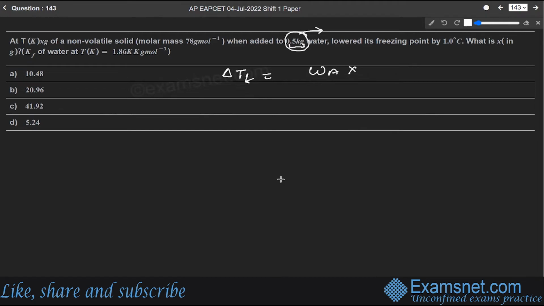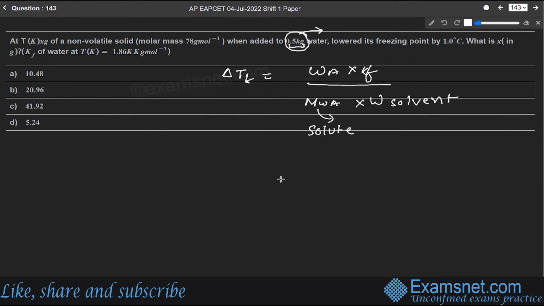So Wa into Kf, but when it's given in grams, you need to multiply by 1000. So molecular mass of solute into weight of solvent, that's in kg. Mind my words, that's in kg, then only you'll be applying. Otherwise, if it is in grams, then in the numerator you need to multiply by 1000.